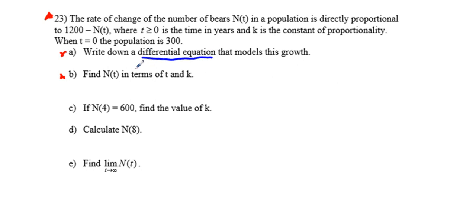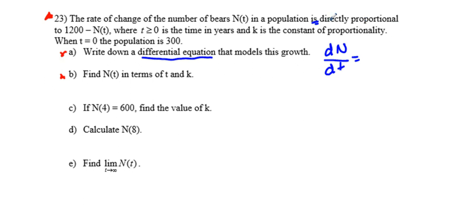The differential equation is the rate at which the number of bears, N, in the population changes. So we know dN/dt should equal something that is directly proportional.